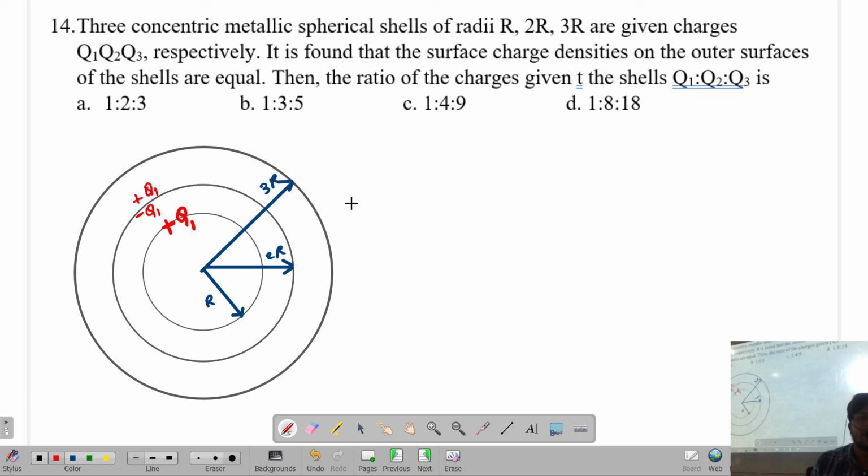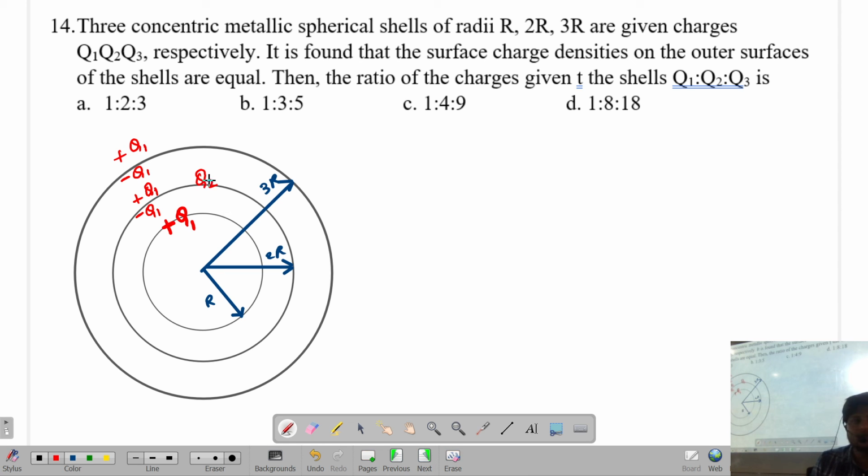And it also has how much charge given over here? Q2. Now look over here. In the lower part, due to this plus Q1, minus Q1 will again get induced on the third metallic sphere, and plus Q1 on the upside.